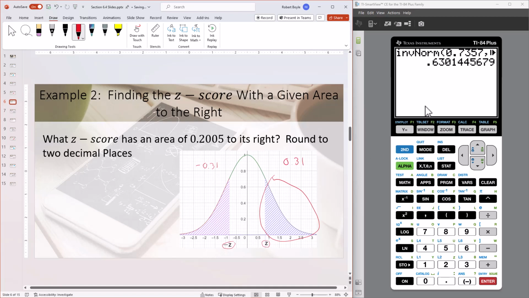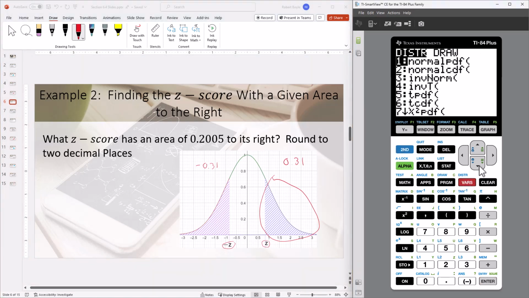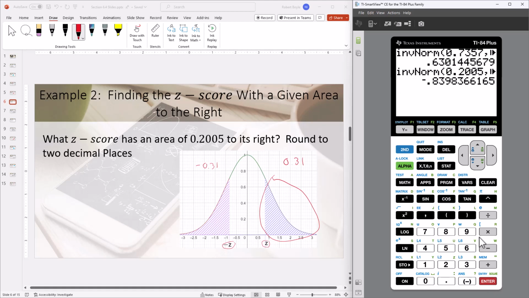Once again, we can go into second distribution, inverse norm, hit enter. But now we want to use the exact same area that is here, so that's going to be 0.2005. Hit enter for 0, 1, paste, and that's going to be your answer.